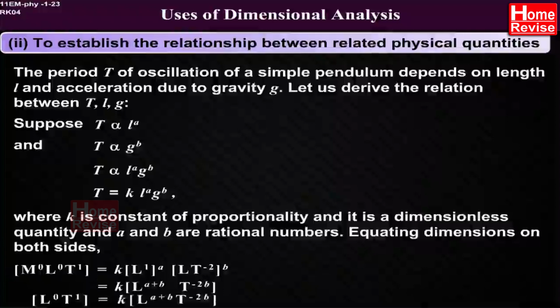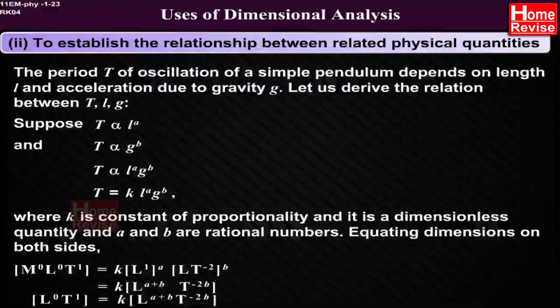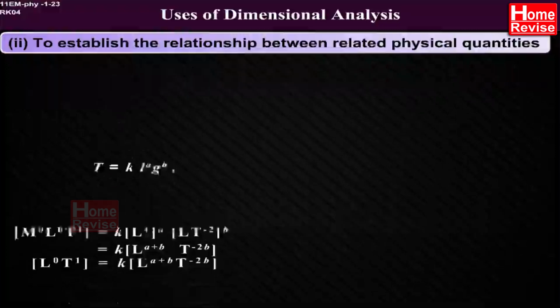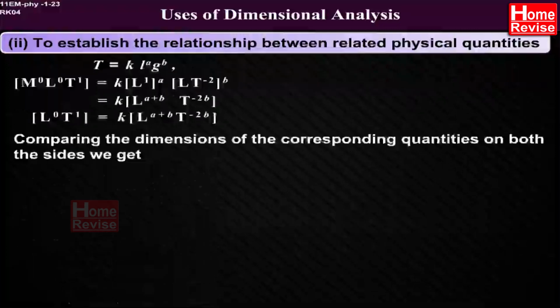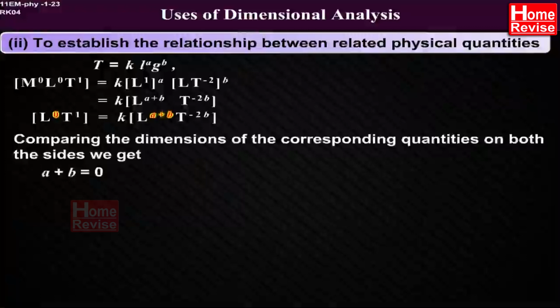Dimensions of L^0 T^1 is equal to k into dimensions of L^(A+B) T^(-2B). Comparing the dimensions of the corresponding quantities on both the sides, we get A plus B is equal to 0.